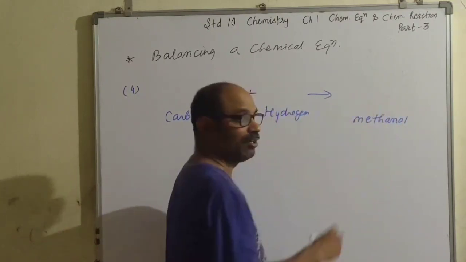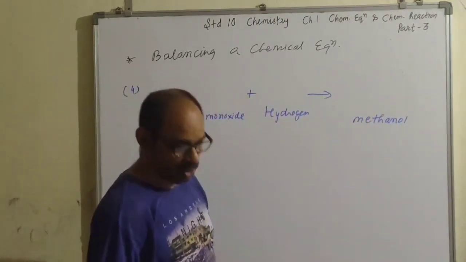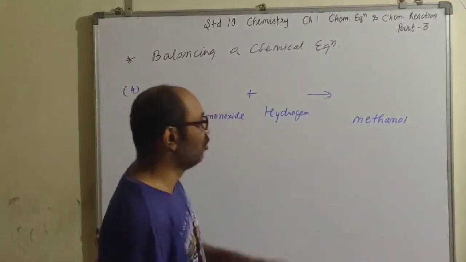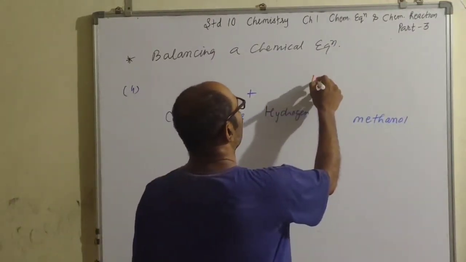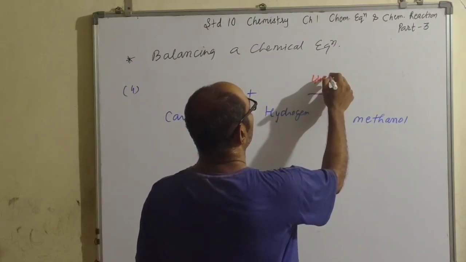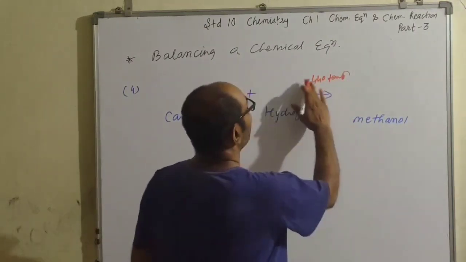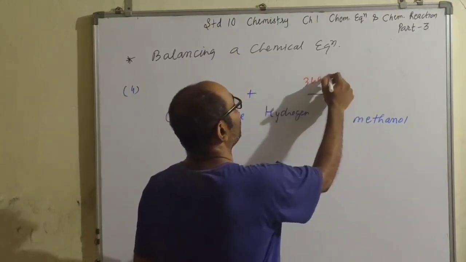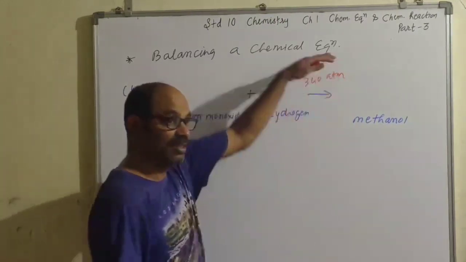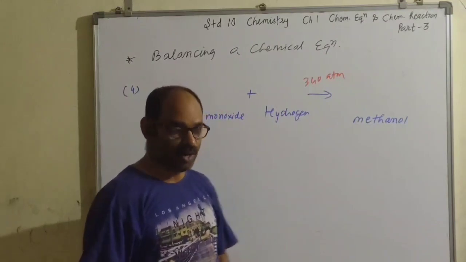Alright, this formula you do not know. This formula you will not know. Okay, but it gives you methanol at 340 atmospheric pressure. This much pressure we will maintain, only then the reaction will happen.